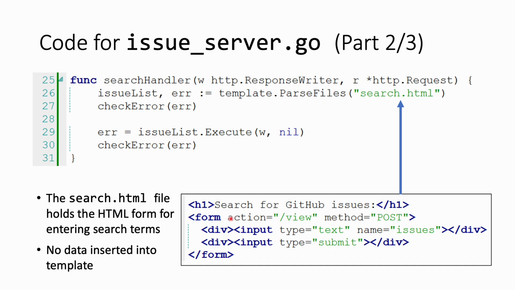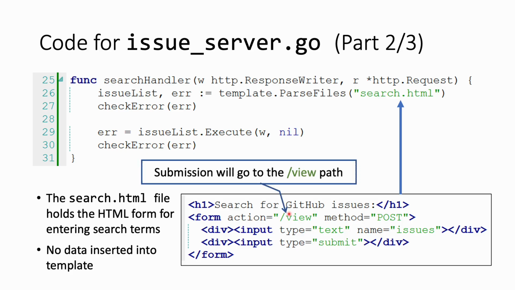The action of the form is /view to indicate that form submission will go to the /view path. This form has two inputs. One is the text box named issues and the other is the submit button.